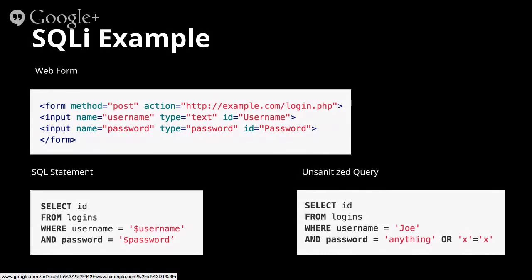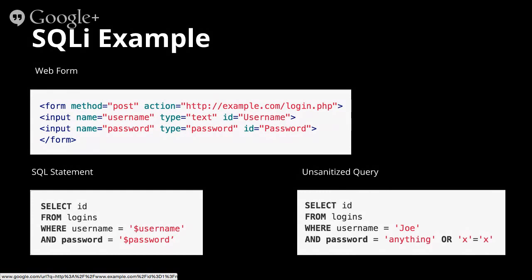So just like in this case, we have a predefined SQL statement, and we have two variables, $username and $password. These are input from the user, and they're going to get fed into the database query, and then it's going to execute this statement and see if it's an existing user, right? And if it is, it'll log you in, and if it's not, then you'll get an error or whatever.